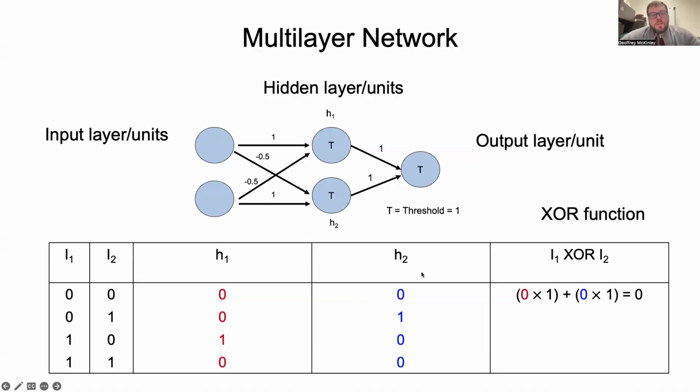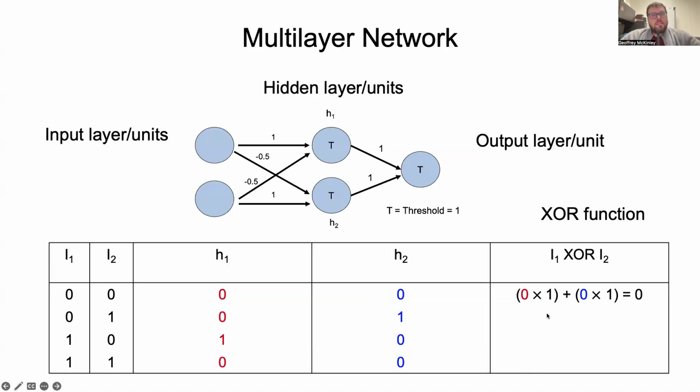the outputs of the hidden units, and you multiply them by the weights, you'll get an input, and if that input is greater than or equal to the threshold, then the output will be one. Then it will fire, right?